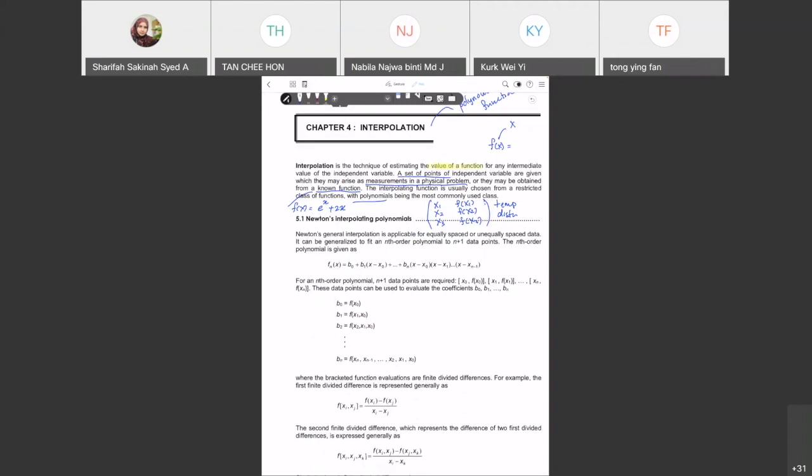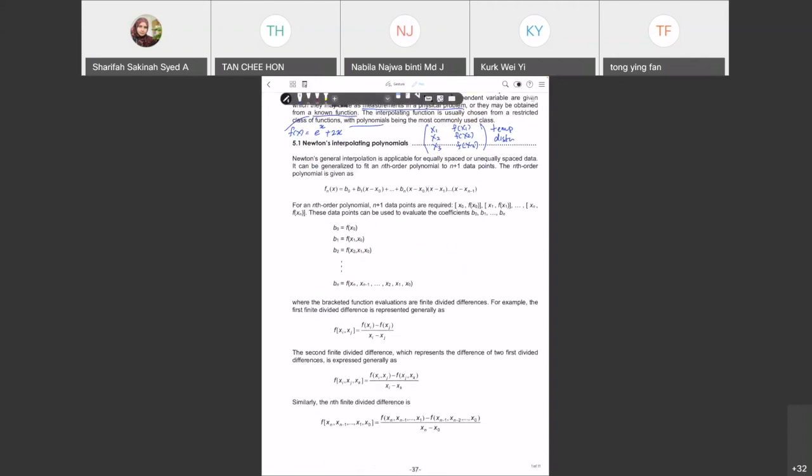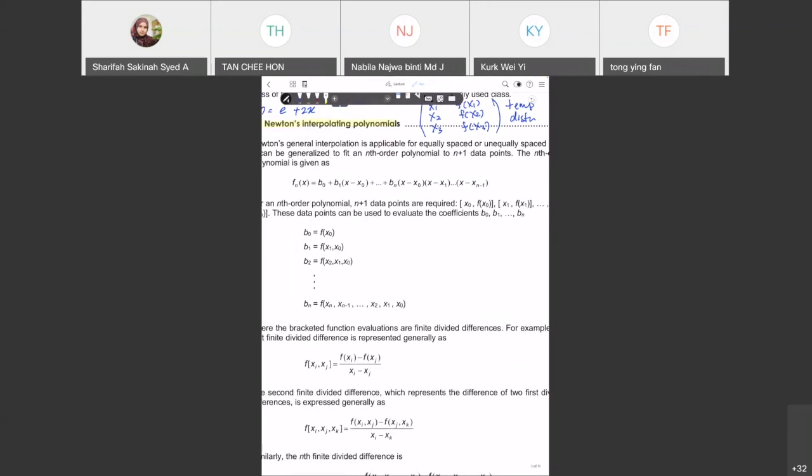So the first method is Newton interpolating polynomial. Meaning that from the data points, we want to come up with a polynomial function that can represent the original data points.